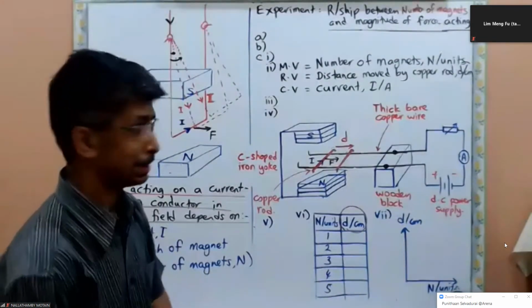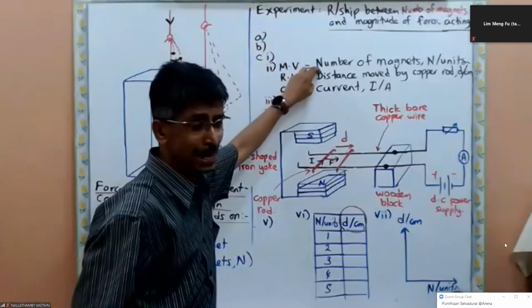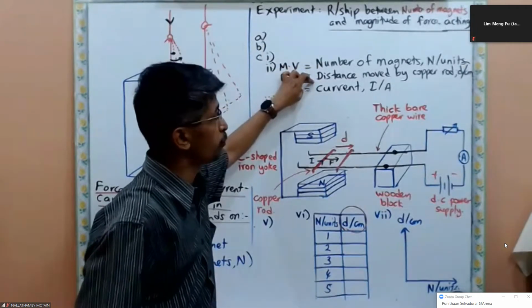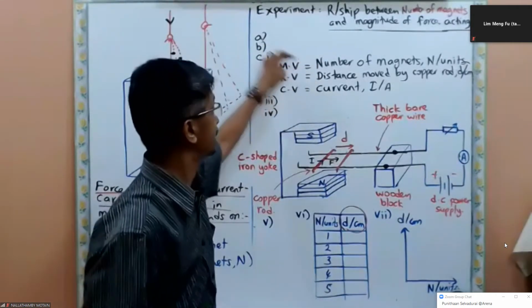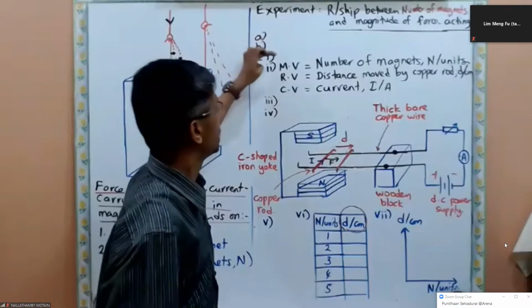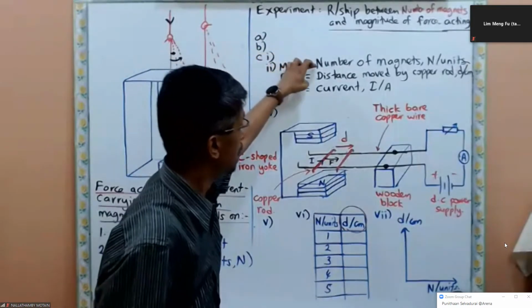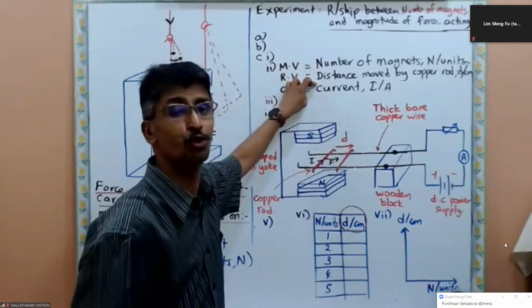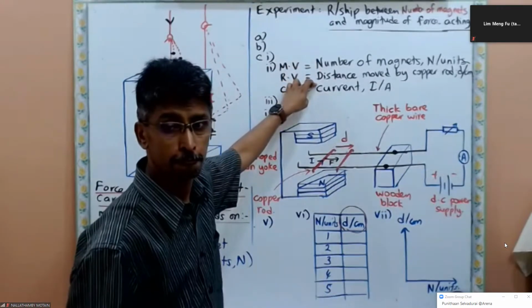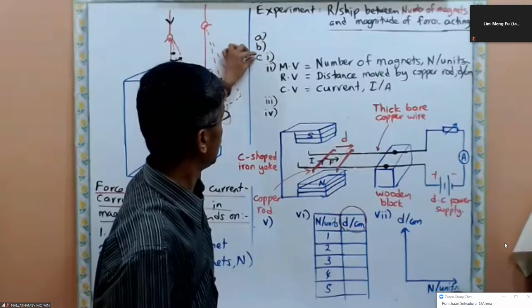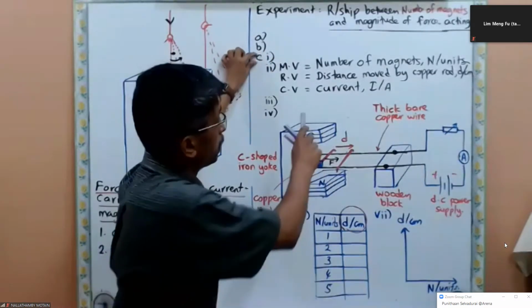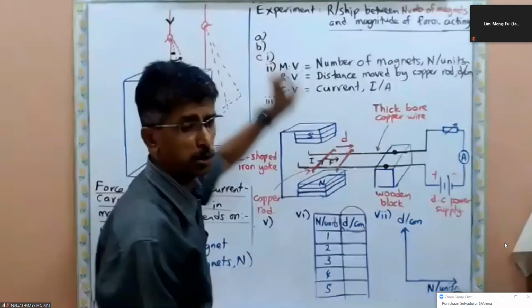B, when number of magnets increase, distance moved by copper rod also increase. C1, to investigate the relationship between number of magnets and distance moved by copper rod.